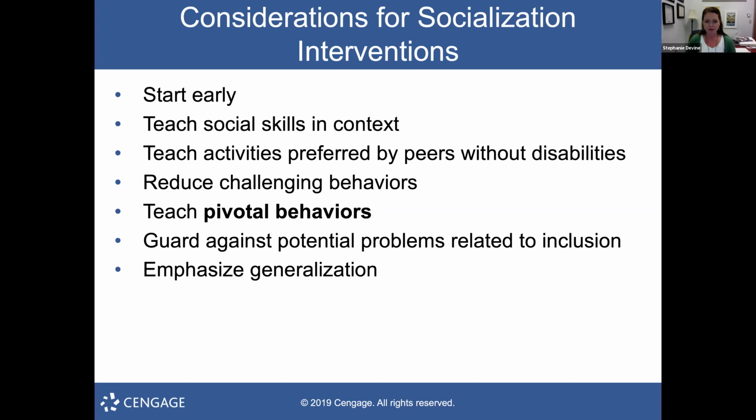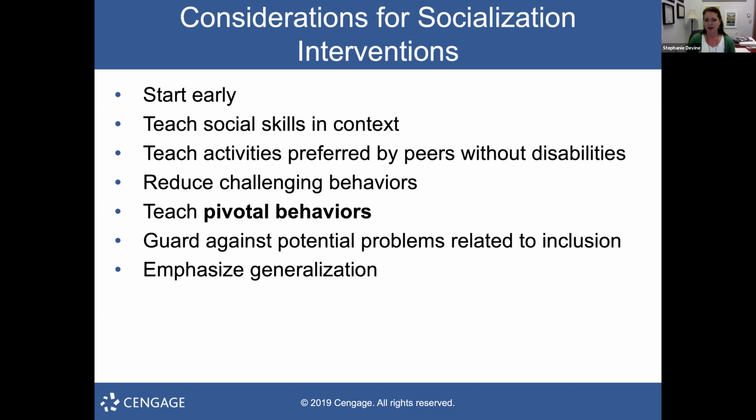The next step too would be to guard against potential problems related to inclusion. So some of the things we see here, you say, great, let's push for inclusion. And then you just send your kiddo out there with no real support or plan. And that's not what you want, okay? There should be a plan. It should be related to an IEP goal. It should be something that you go over with teachers, other adults in those settings.